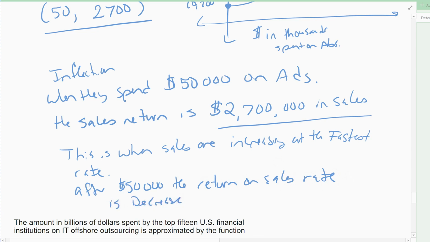Now, they're still selling more, but the amount spent versus the amount more that they're selling is decreasing. So it's not worth their while. The inflection point is sort of where they want to stop. They don't want to spend more than $50,000. And again, sort of hand-waving the law of diminishing returns, but basically the inflection point is your magic point. That's where you want to get to.